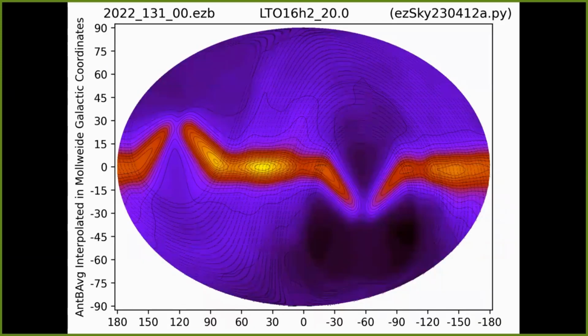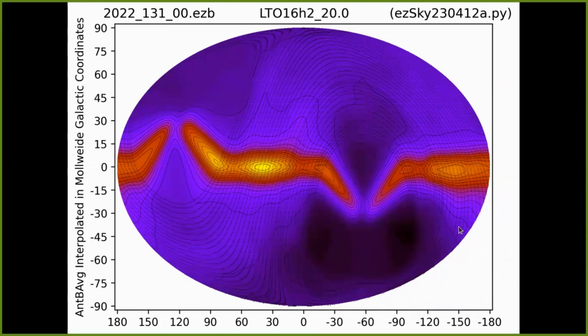We can take that same data and plot it on a galactic plot using galactic coordinates. 0 and 0 must be the center of the galaxy, back behind this point someplace.